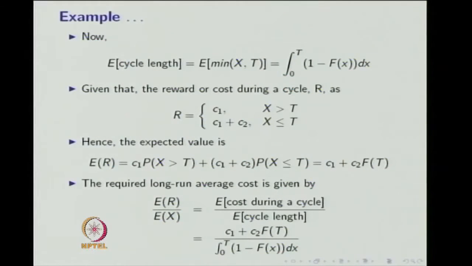The cycle length is a random variable which is nothing but the minimum of X or T. Here the component is replaced either upon a failure or at age T. The time between replacements is called a cycle, and the expectation is the integral from 0 to T of 1 minus F of x dx.